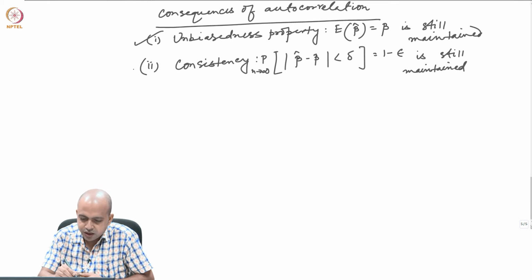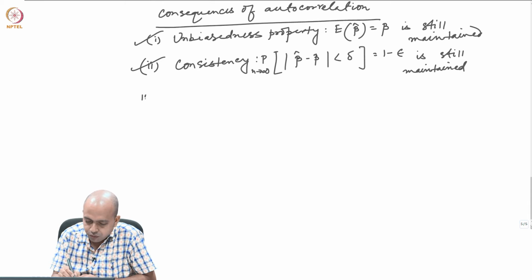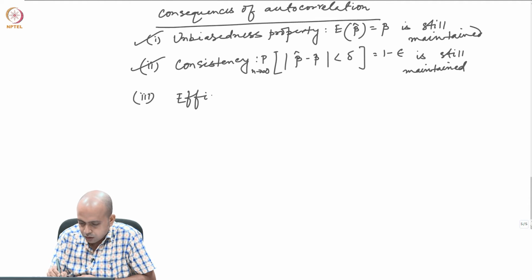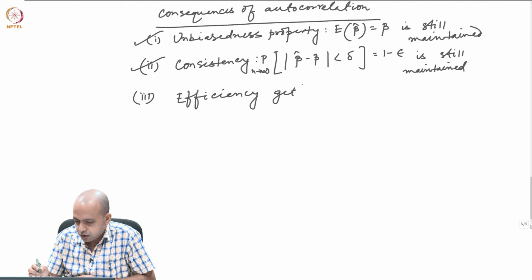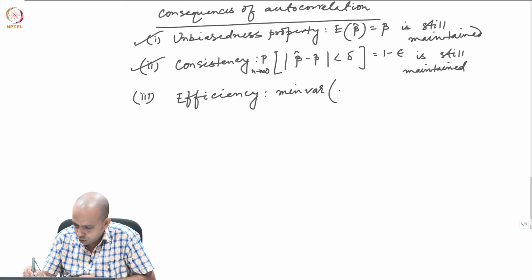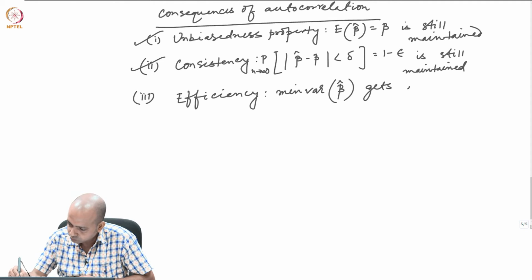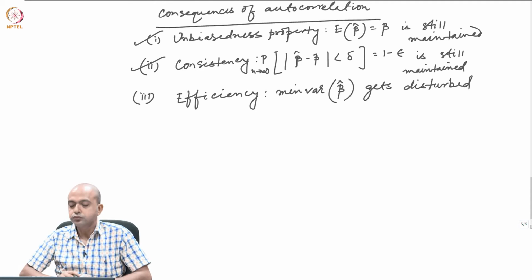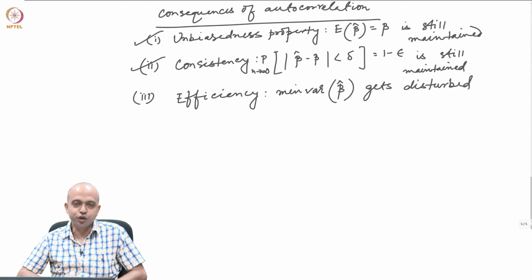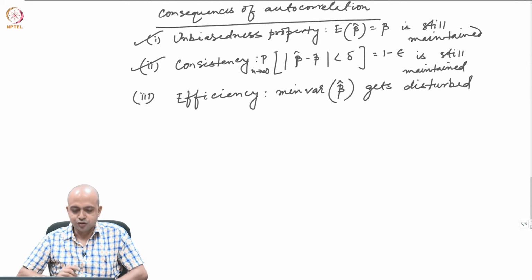So, unbiasedness is there, consistency is there, but the efficiency property, that means the minimum variance of beta hat, gets disturbed. It is no longer the minimum variance. Okay? So, this is not maintained.